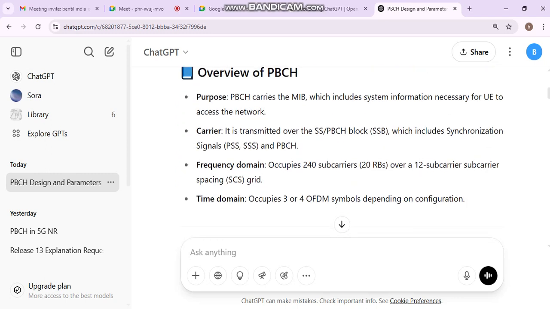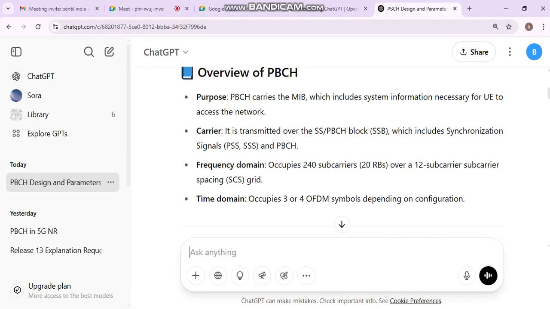Overview of PBCH. Purpose: PBCH carries the master information block, MIB, which includes system information necessary for the UE to access the network. Carrier: it is transmitted over the SS/PBCH block, SSB, which includes synchronization signals PSS, SSS, and PBCH.